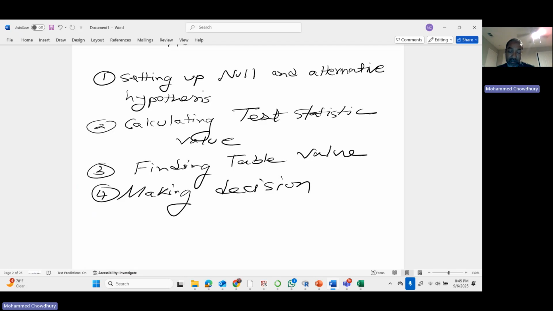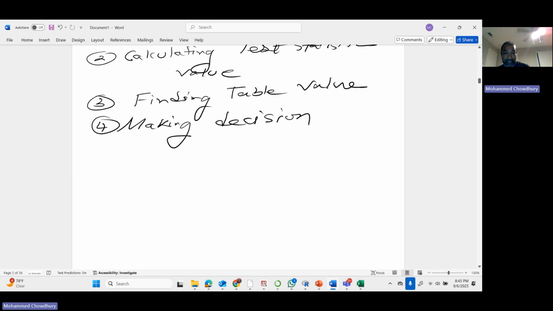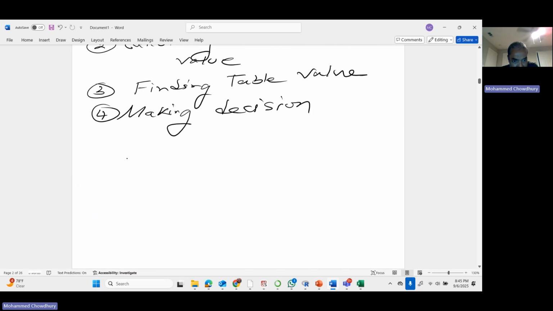Okay, these are the 4 steps that need to be done when a test of hypothesis needs to be conducted. In our case, for the EAE data, suppose we want to test the hypothesis, step number one. H0 stands for null hypothesis, H1 stands for alternative hypothesis. I want to test whether the mean salary of the manager is 73,000 or not.